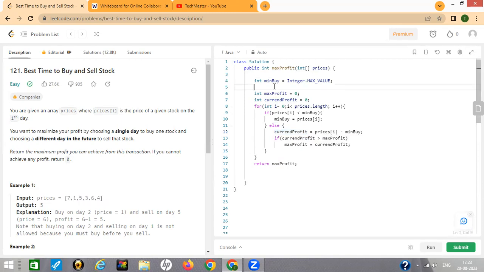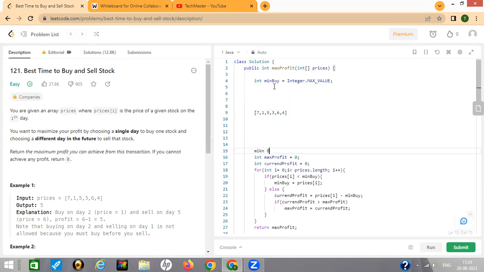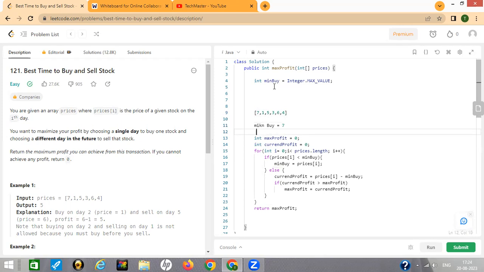For example, initially 7 will be assigned to the minimum buy. So minimum buy will be 7 initially, and then when we go to 1, we will see that the price is less than minimum buy.